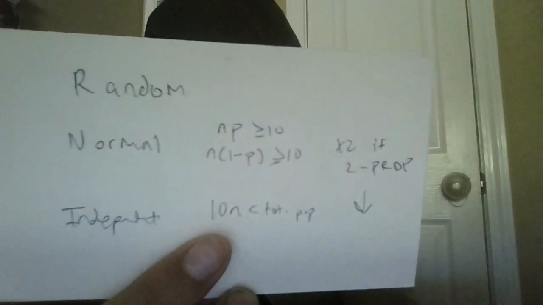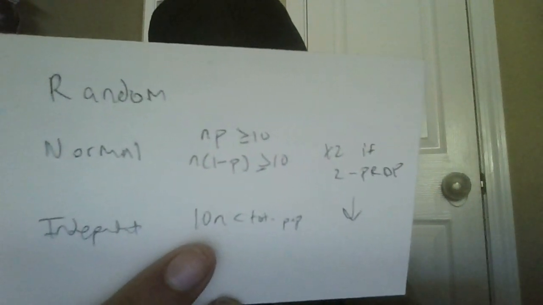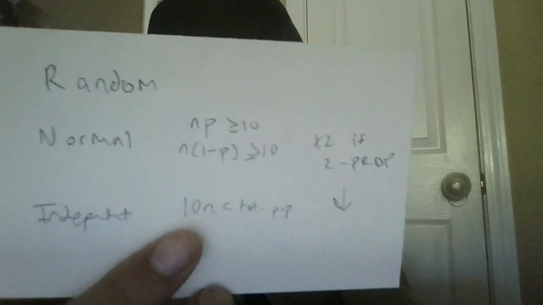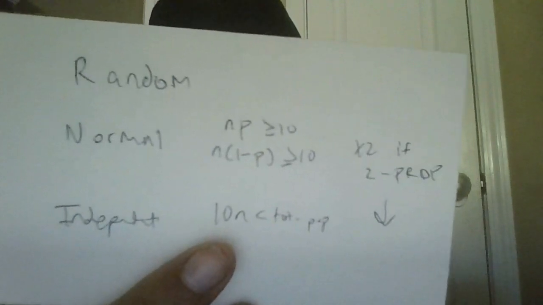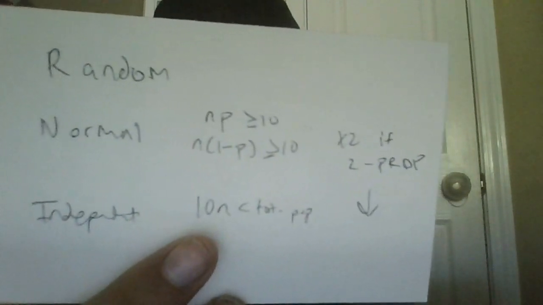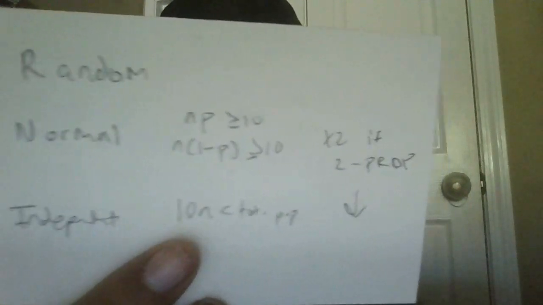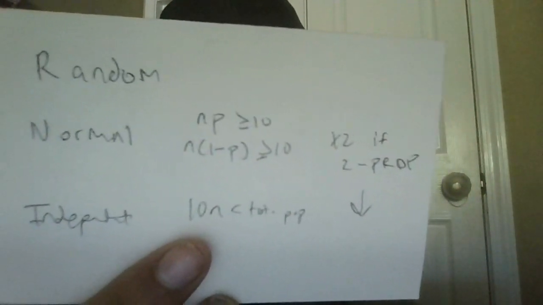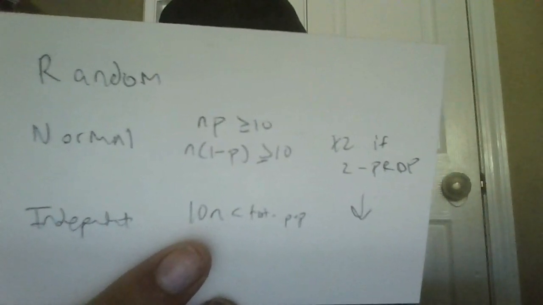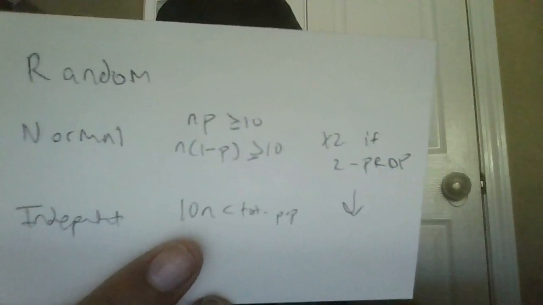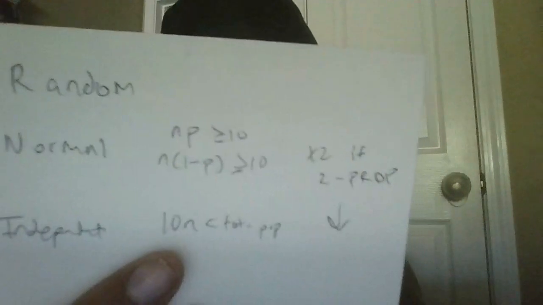Random: basically you say we are told that the subjects were randomly selected. If it doesn't say that, you say we proceed with caution. For normal, you just do n times p must be greater than or equal to 10, and n times 1 minus p greater than or equal to 10.